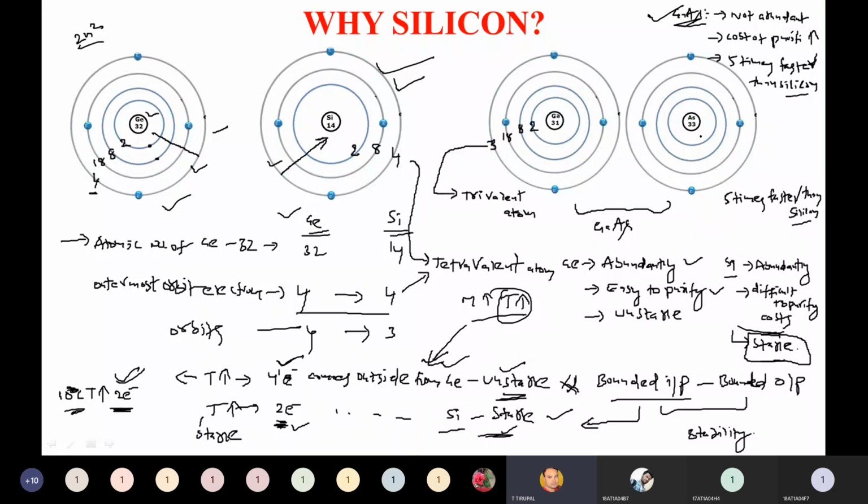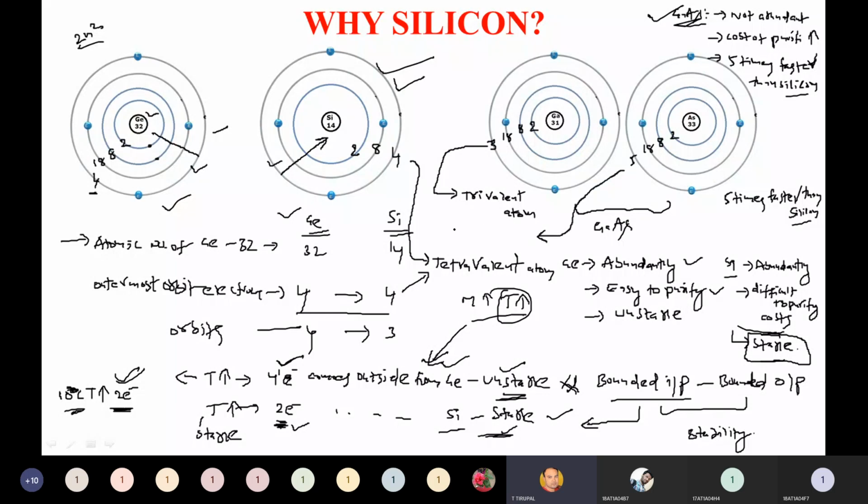Now suppose arsenic. Check arsenic. How many electrons in the first orbit? 2, second orbit 8, third orbit 18, fourth orbit 5, since 2 plus 8 is 10, 10 plus 18 is 28, and 33 minus 28 is 5. So the outermost orbit has 5 electrons. If the outermost orbit has 5 electrons, what is that atom called?